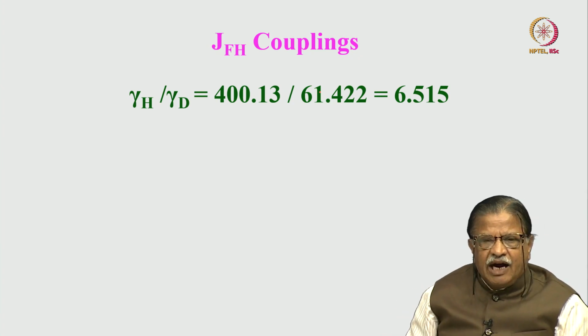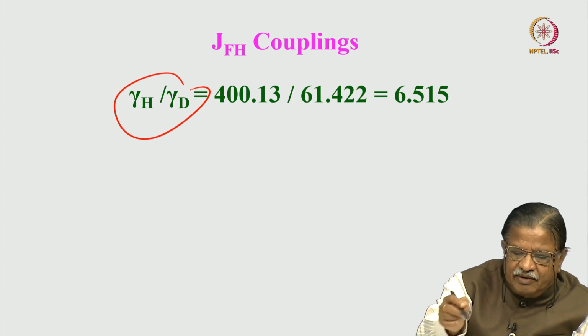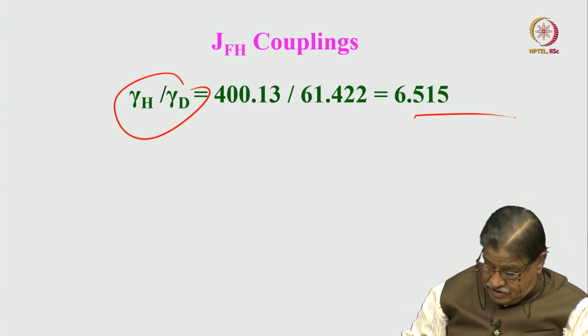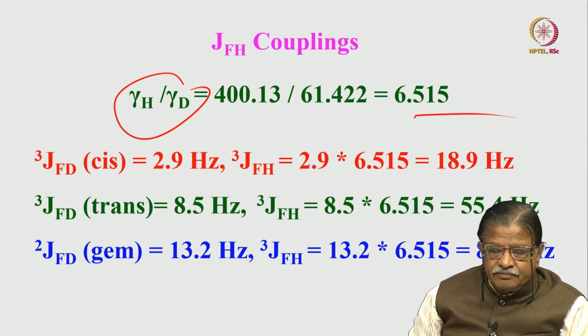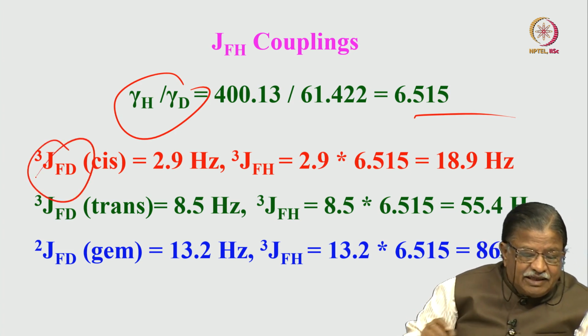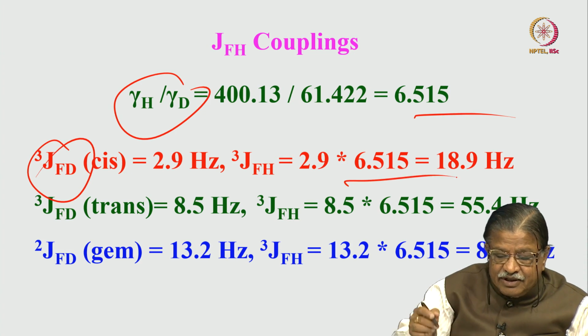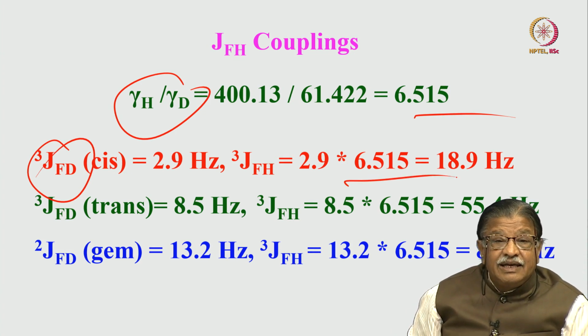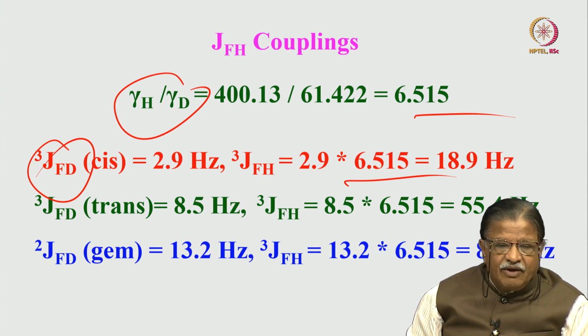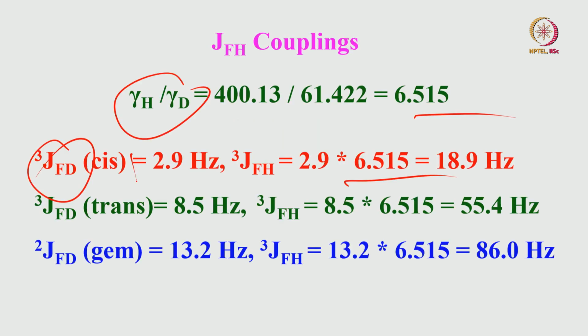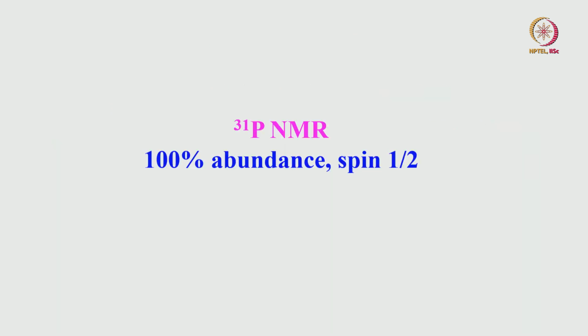Exactly here, gamma H and gamma D. Now, use this value, the ratio of the gammas, and then measure the FD coupling, convert that, and you are going to get JFH. From the measured JFD, you can get JFH. That is what we are going to get. For all the cis, trans and other things, JFH can be measured here. Okay, that is about fluorine.